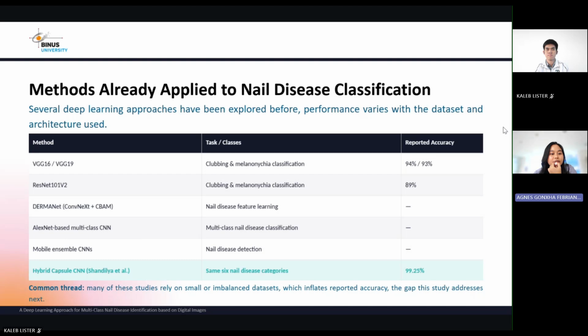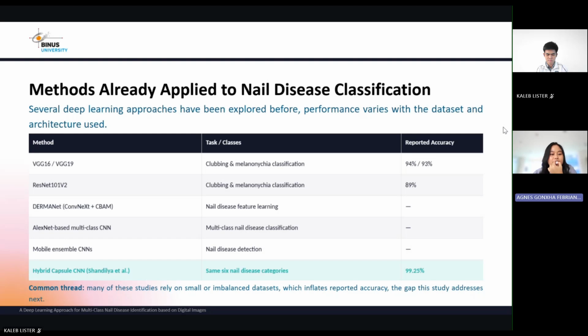ResNet 101 V2 reached 89% on the same task. There's also DermaNet, which combines a convex backbone with attention modules, and AlexNet-based multi-class CNN and mobile ensemble CNNs, and mostly relevant to our study, Sandilya et al.